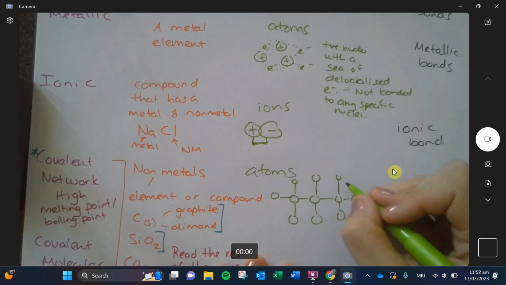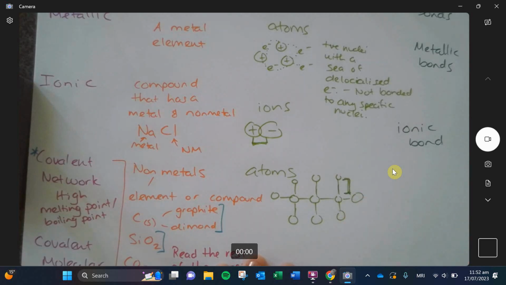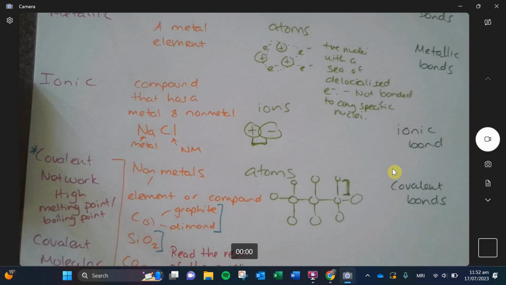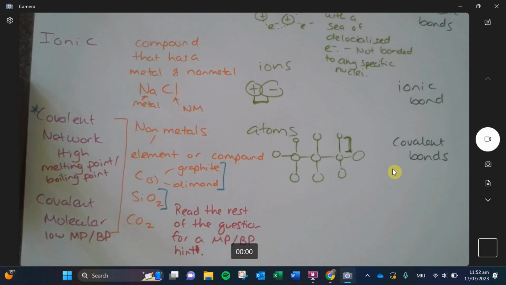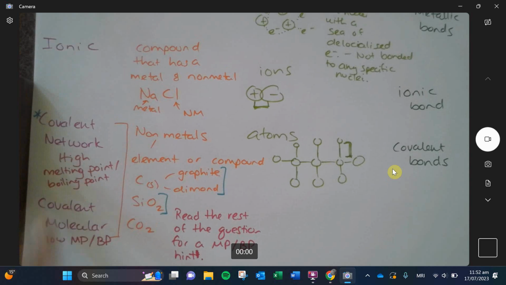We're looking at these bonds here between the two atoms, and those bonds are our covalent bonds. That's what's holding those guys together. Covalent bonds are the strongest of the bonds, and since they are the strongest, they will take the most energy to break, and thus that's why they have that high melting and boiling point.